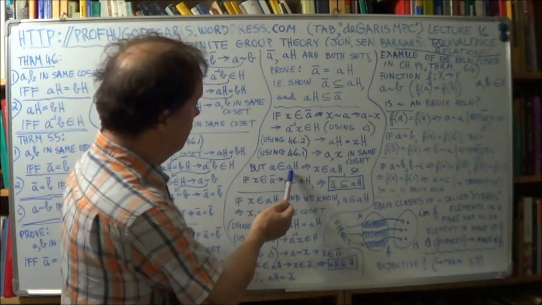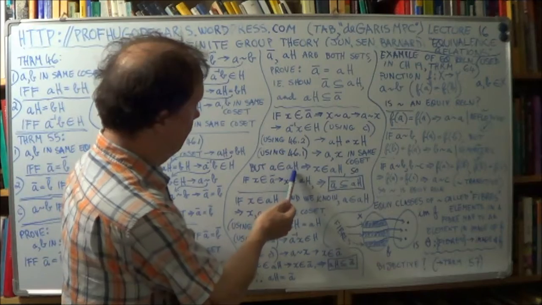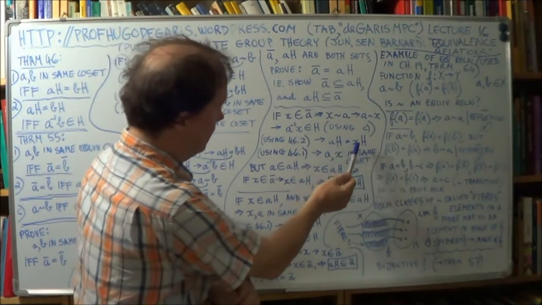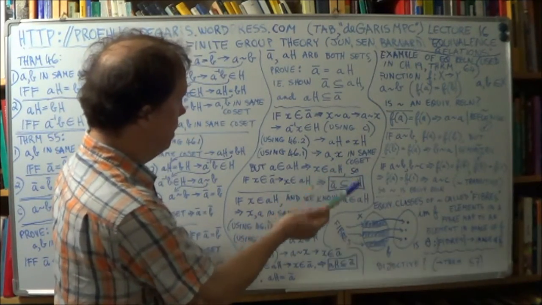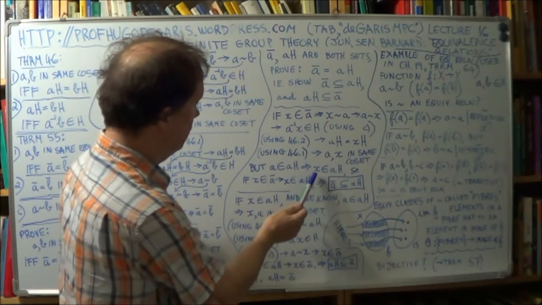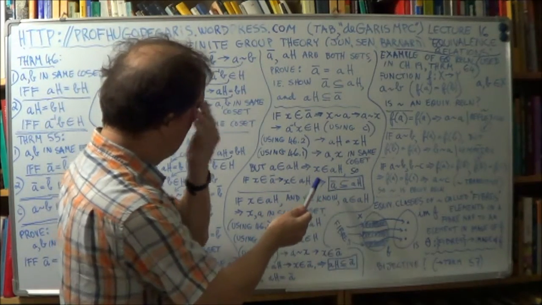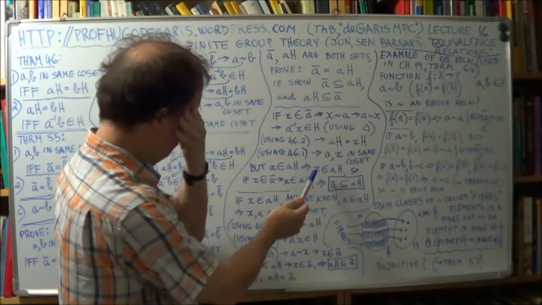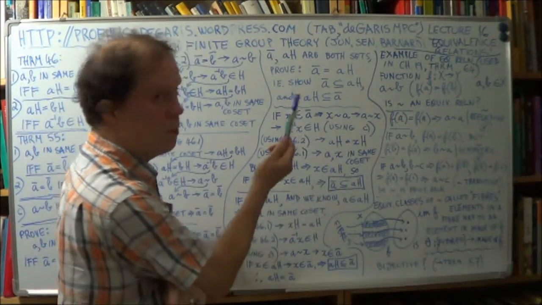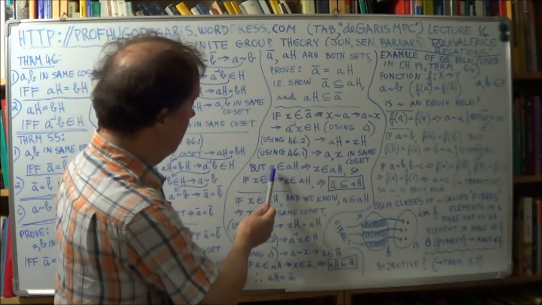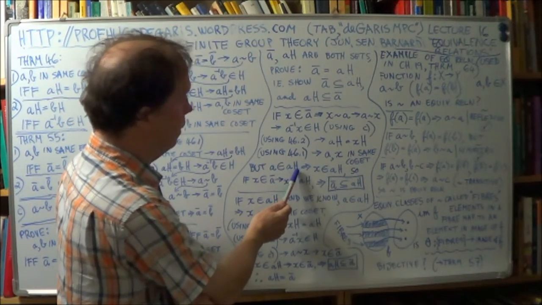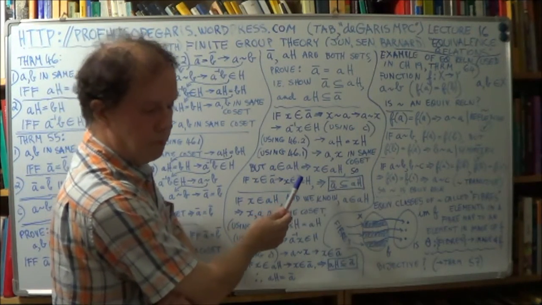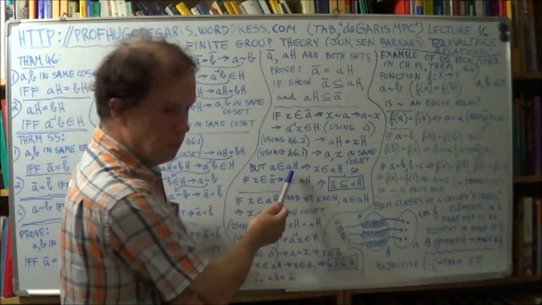Well, if A belongs to AH, and AH is the same as XH, that means that X belongs to AH. Right? Can we say that again? Now A belongs to its own coset.